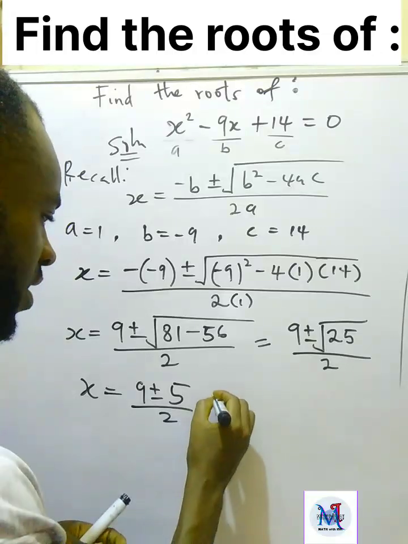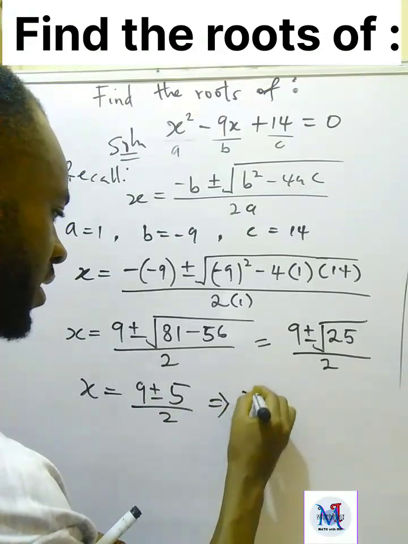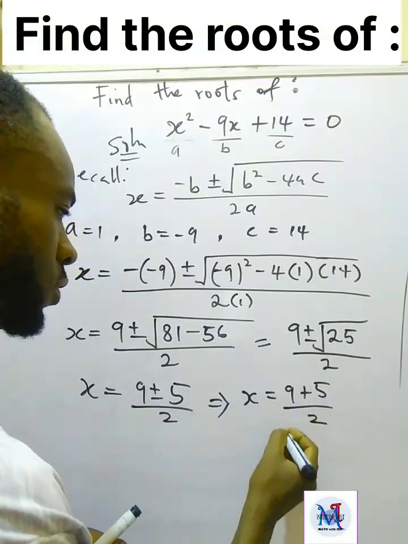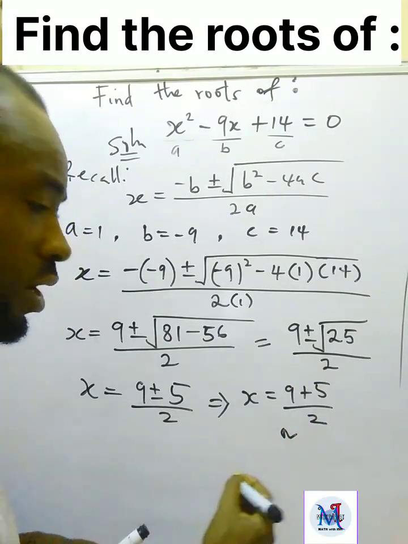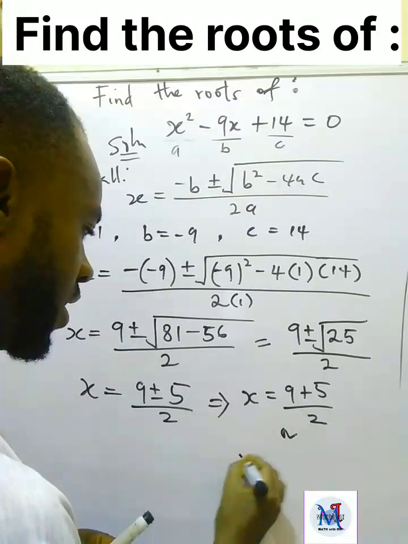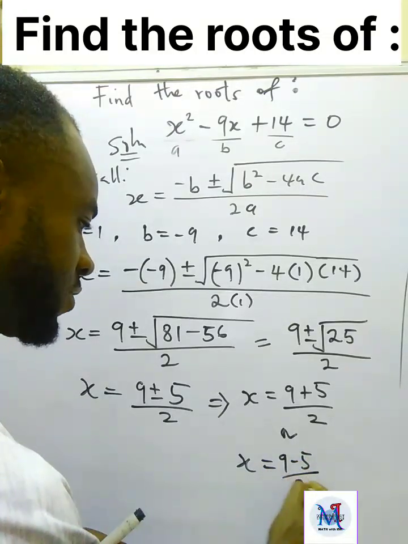So from here we can now separate the two signs. Which means that x is equal to 9 plus 5 over 2, or x is 9 minus 5 over 2.